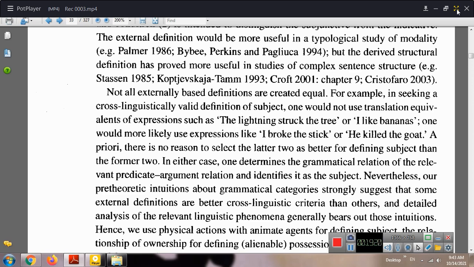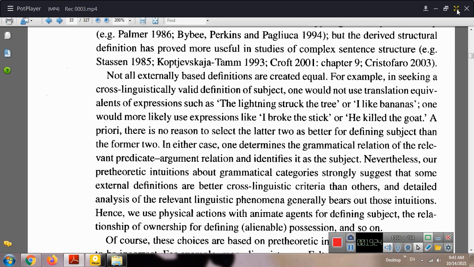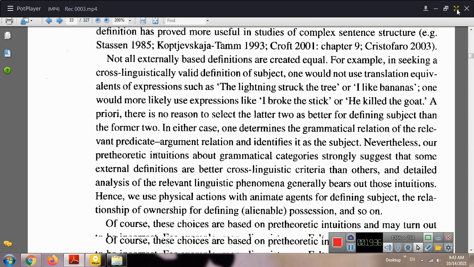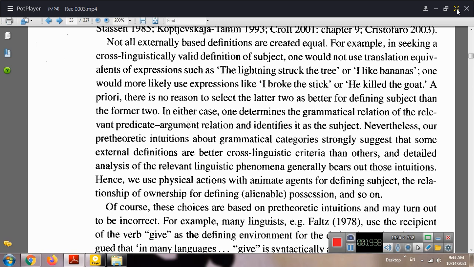One would more likely use expressions like I broke the stick or he killed the goat. A priori, there is no reason to select the latter two as better for defining subject than the former two. In either case, one determines the grammatical relation of the relevant predicate argument relation and identifies it as a subject.